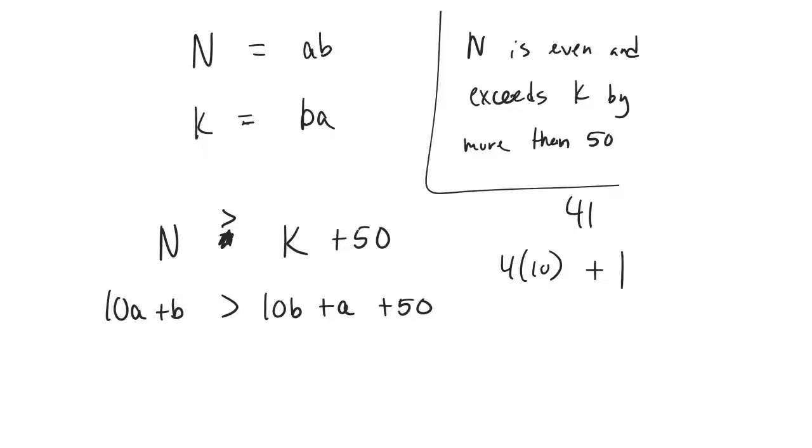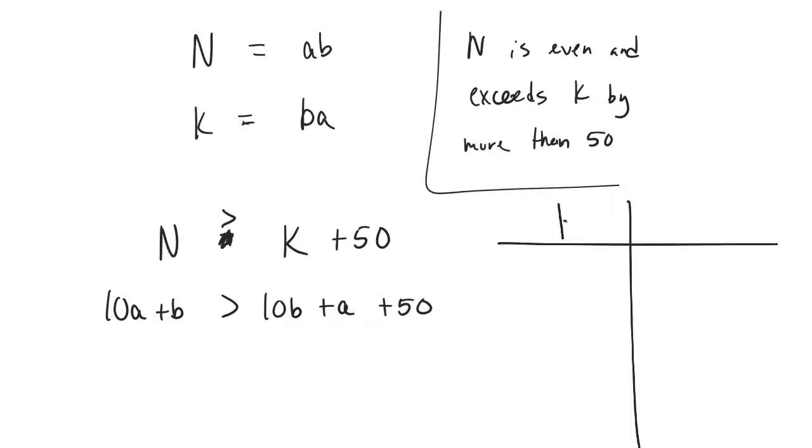I would go ahead and make a table over here of B values and then the corresponding A values. Because we know that B is limited already. B's values, again, can only be even, because N must be even. So it's 0, 2, 4, 6, or 8. And that's it. B cannot take on any other values.